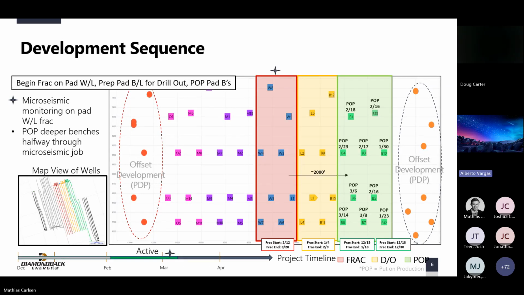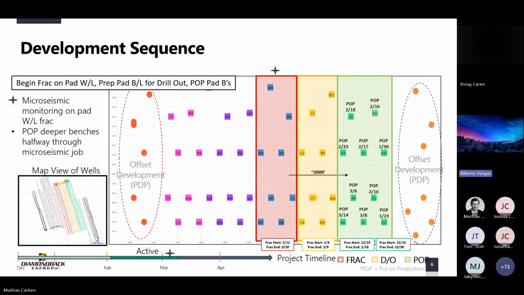Now as operations continued, here we get pad WL on production, and WL is being fractured. Also notice we have microseismic monitoring. Now pad BL moved to plug drill out. Our first pad B was turned online. So pay attention to the distance. For example, 2,000 feet here means the distance between a well under fracturing in the red box and a well in production in the green box.